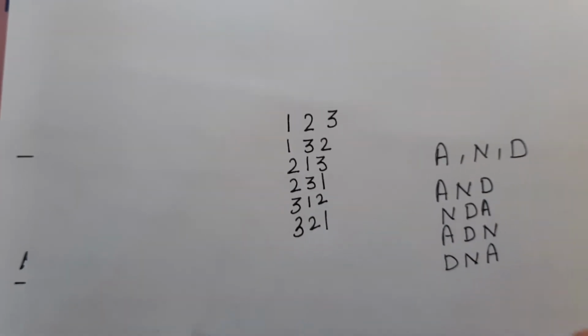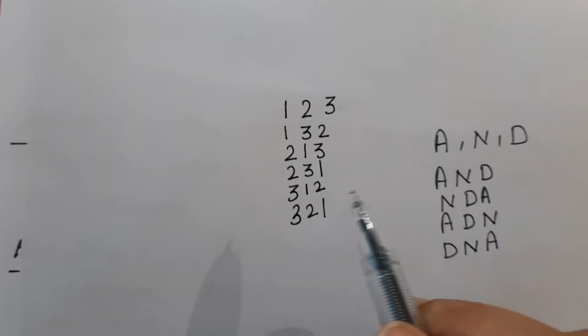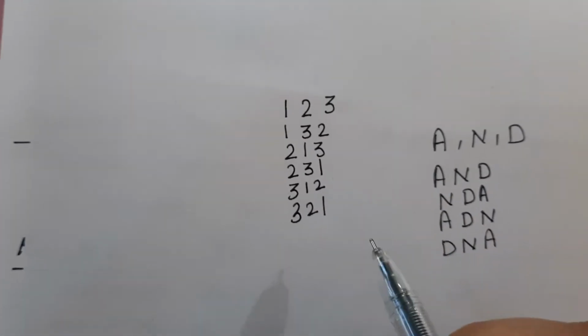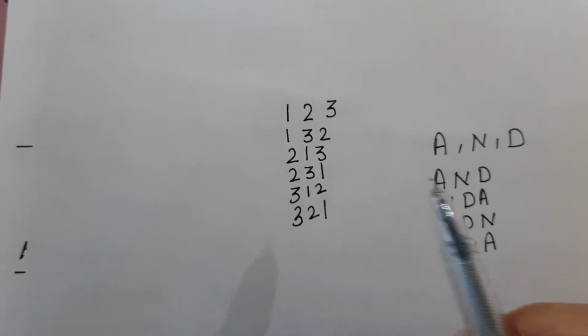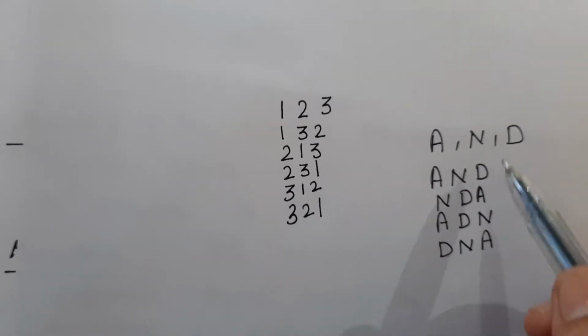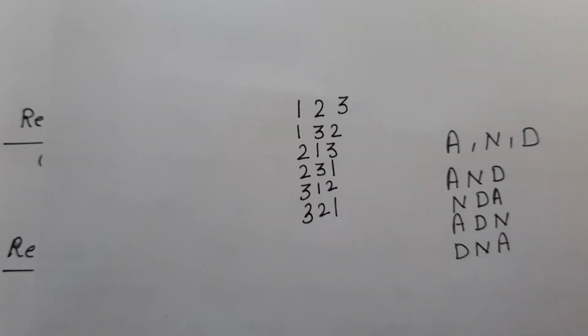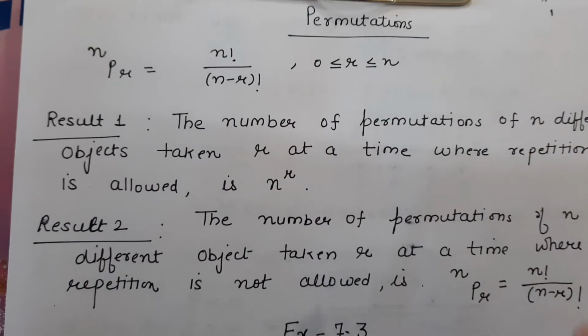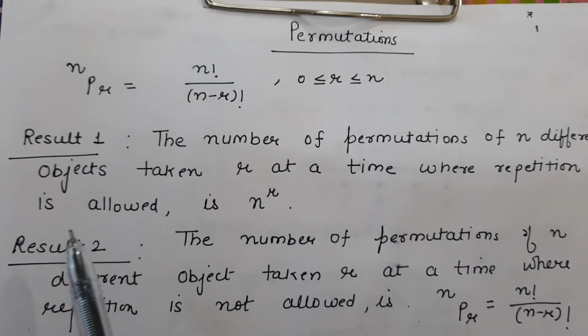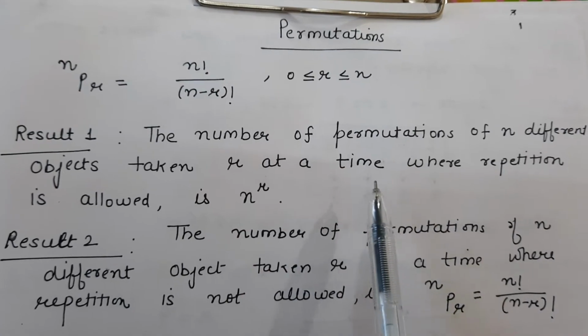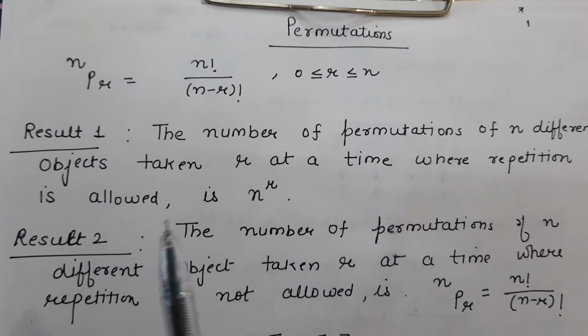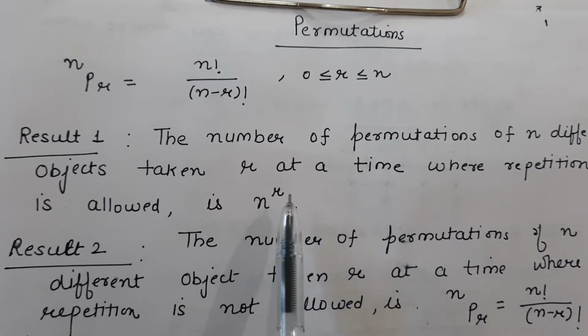So here again order is important. So we are going to apply permutations here, where we have to find all arrangements. So in the number system, like in the English alphabets, where you are making arrangements, you are going to apply permutation. The first result is the number of permutations of n different objects taken r at a time where repetition is allowed is n raised to the power r.